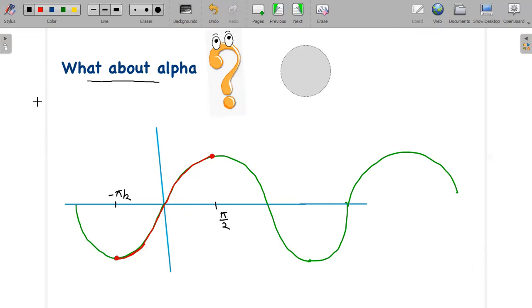That means for any specific value of alpha, I'll get a specific value of k only. No two values of alpha will yield the same result. Another reason is that this particular branch is very close to the origin. Thereby this branch, alpha from negative pi by 2 to positive pi by 2, is also known as the principal branch of the sine function.